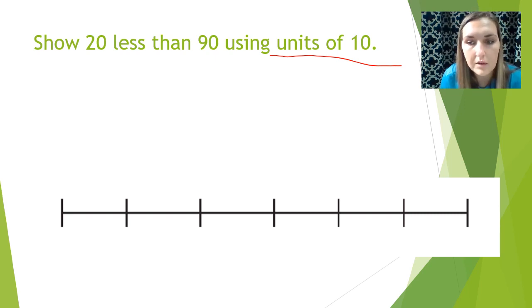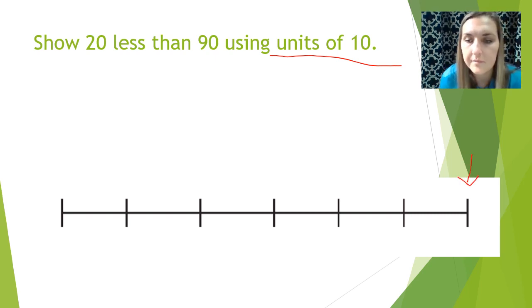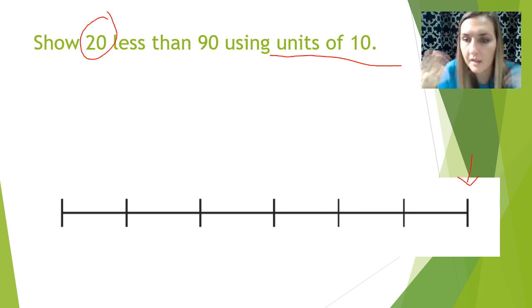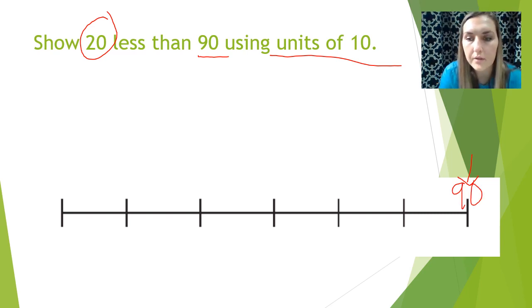What number are we going to write first at the end of our line? Are we going to write 20? No way. That is what we're going to count down by, 20 less. Our starting number is 90. You should write 90 at the end point.